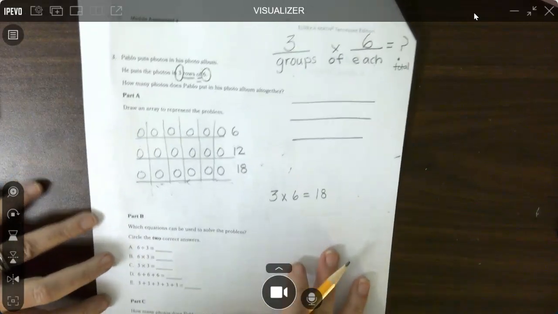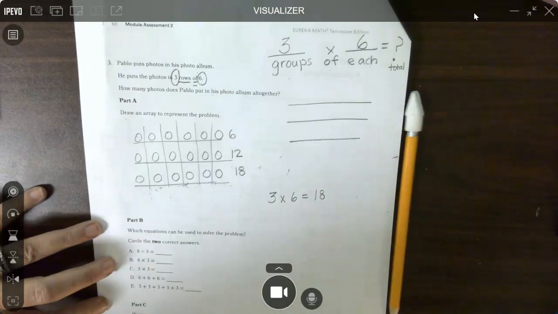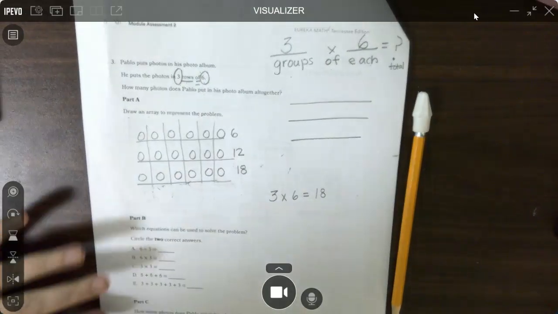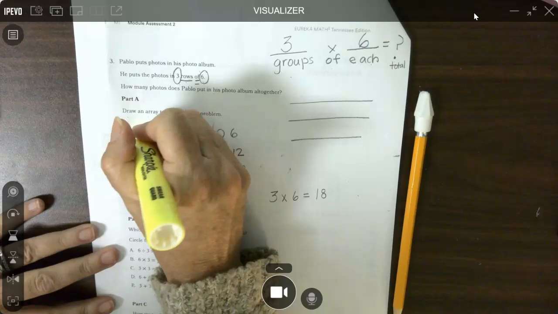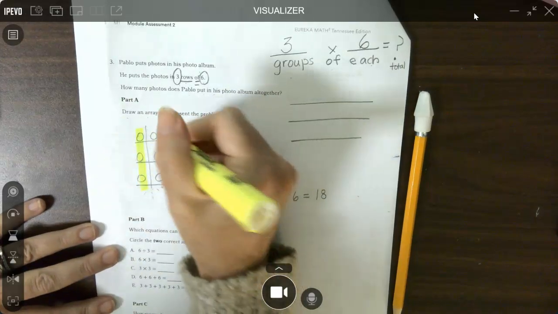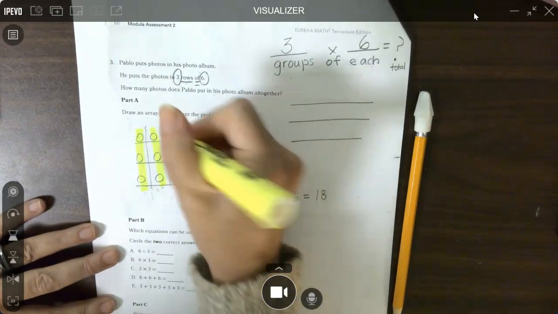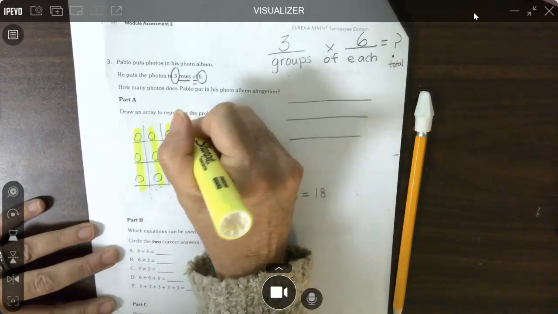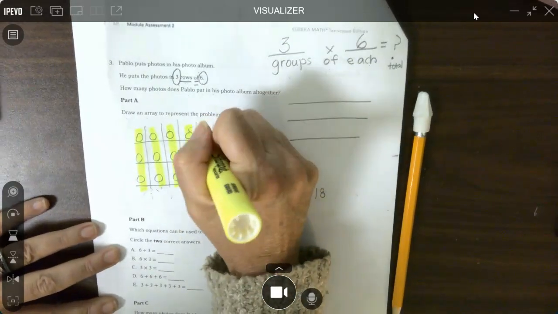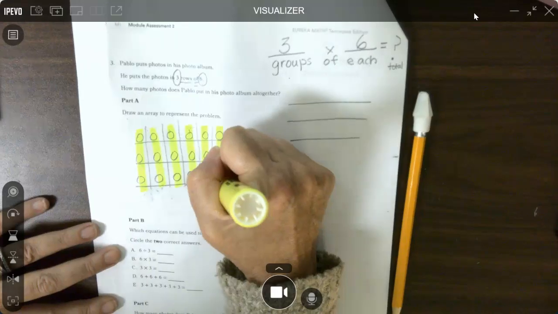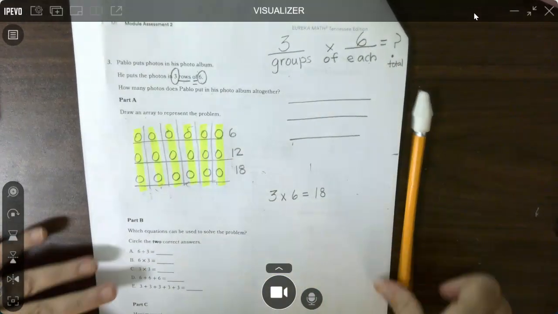Then I think about if I were to flip my groups and say I have 1 group, 2 groups, 3 groups, 4 groups, 5 groups, 6 groups.